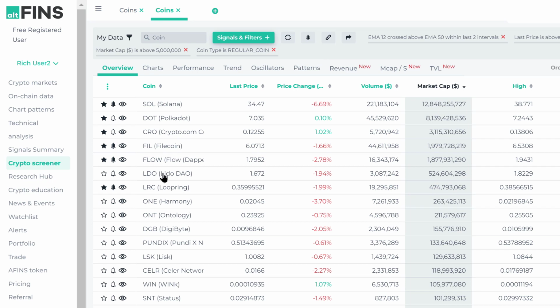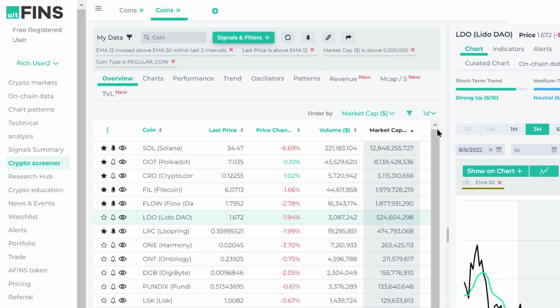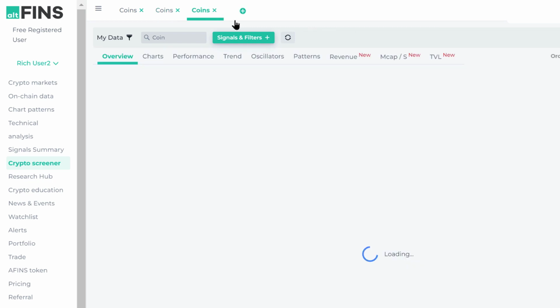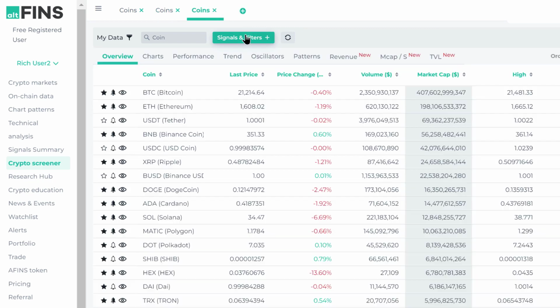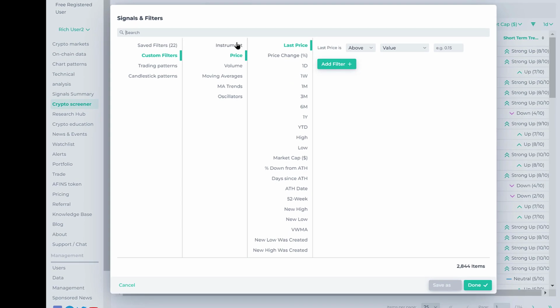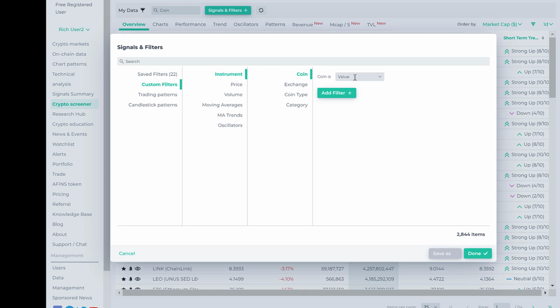So let's just say we decided that Lido was the way to go. Then I would create a new screener that says the coin is Lido. Oh, that's LDO.